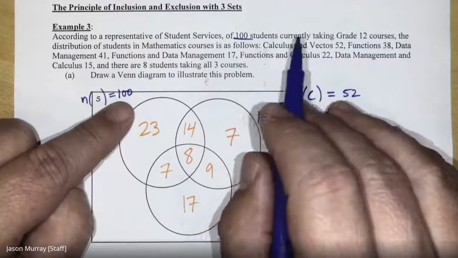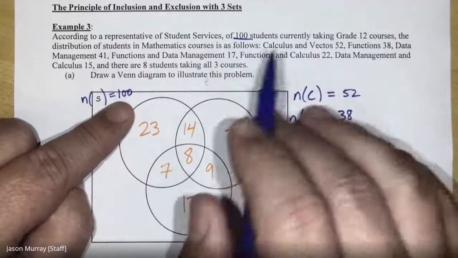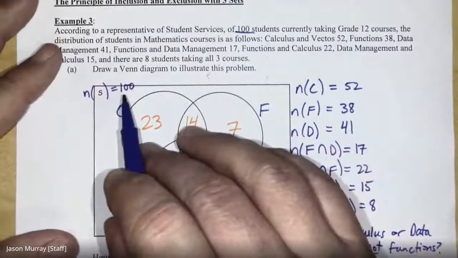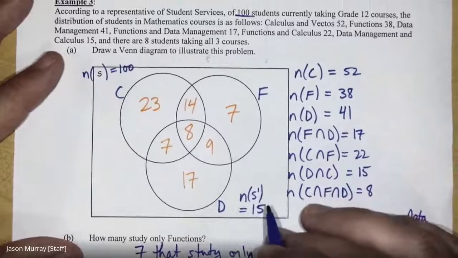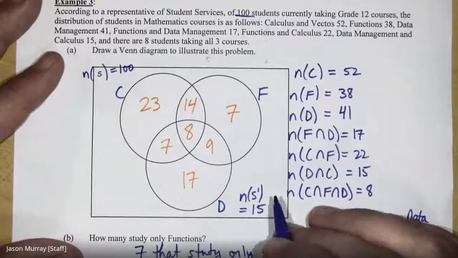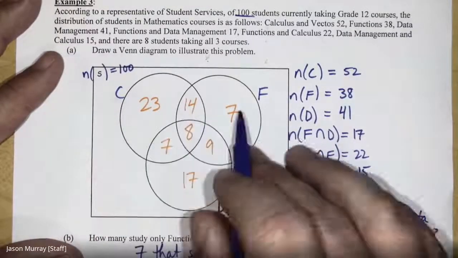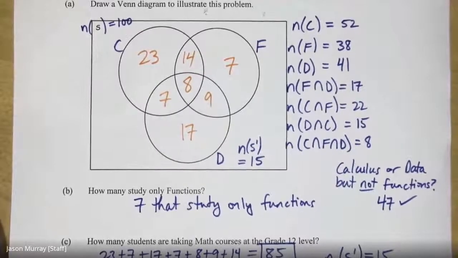Not math courses, just grade 12 courses. So if that's our universal set, then that automatically implies that there must be 15 down here that are not taking any math courses right now. It's this 100, take away that 85. Okay, thanks.